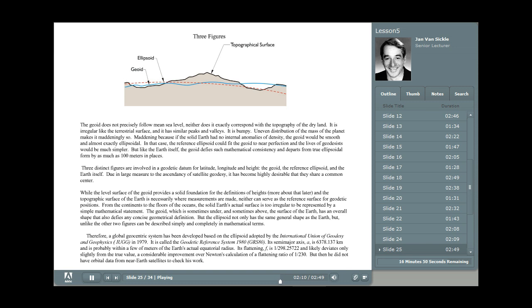But the ellipsoid not only has the same general shape as the Earth, but unlike the other two figures, can be described simply and completely in mathematical terms, and that's why we use the ellipsoid as a reference.